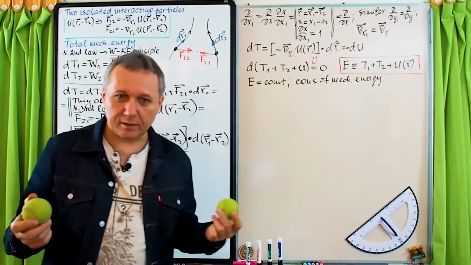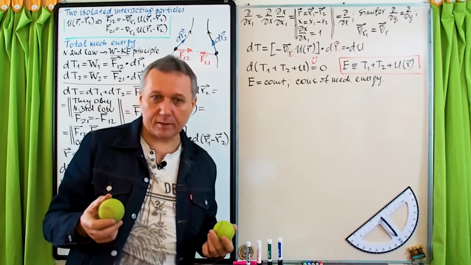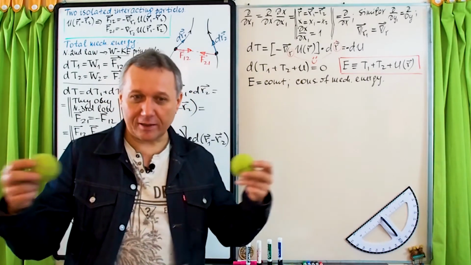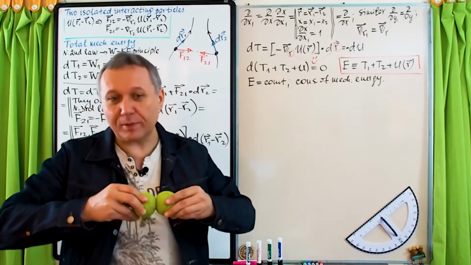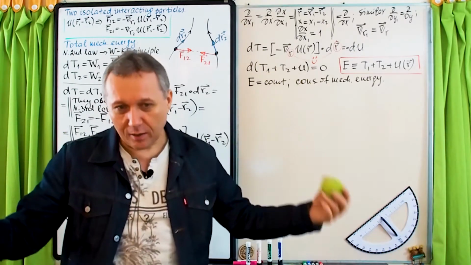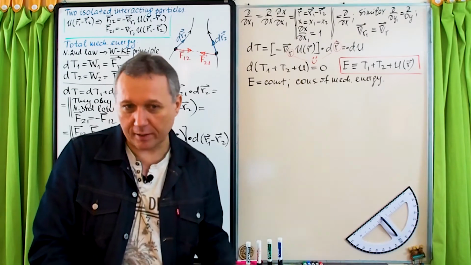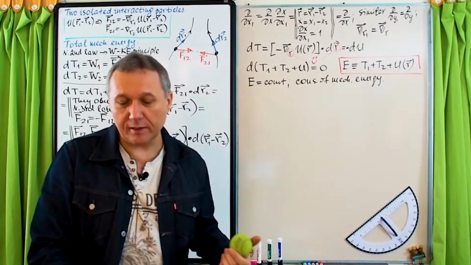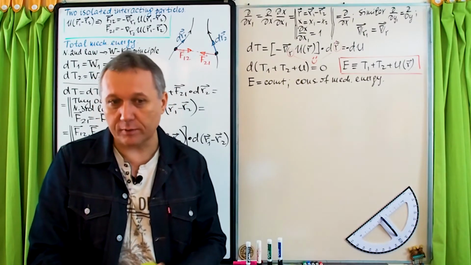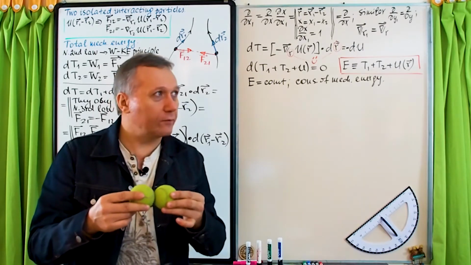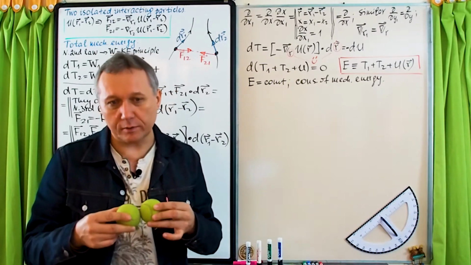So in that case, there are no losses. If kinetic energy gets transformed into potential energy, then potential energy is transformed back into kinetic energy. So during an elastic collision, energy is conserved. And again, the forces of interaction are conservative forces.